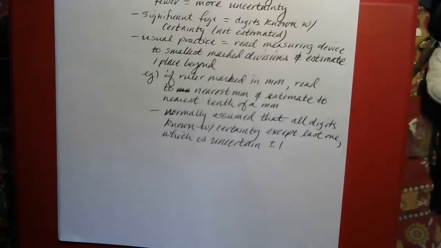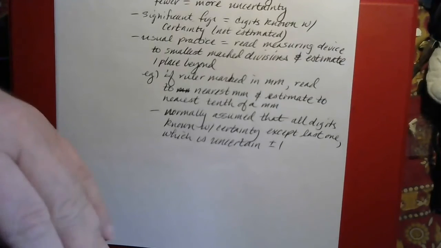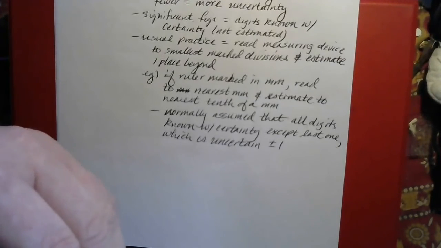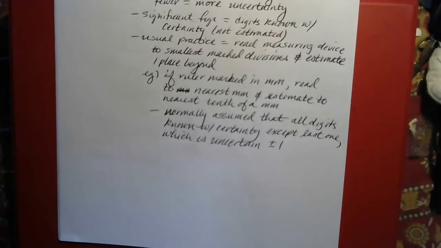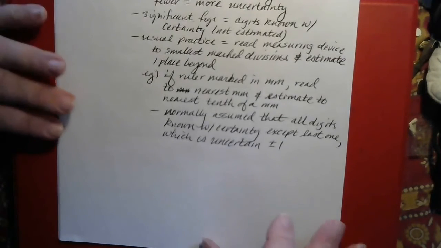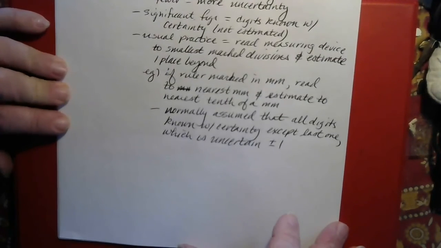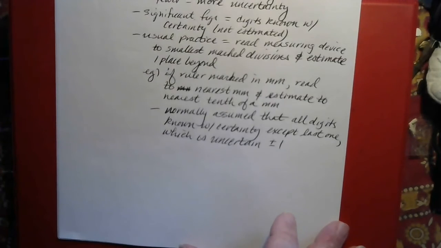You're estimating that last digit. Basically, you're estimating how far the sheet of paper comes between one marking and the next marking. And different people might see it differently. So one person might say it's 0.3 and another person might say it's 0.4. And so that allows us to be a little bit uncertain.